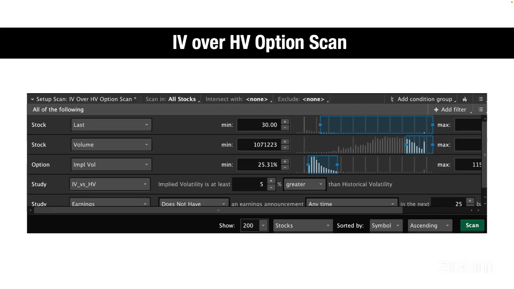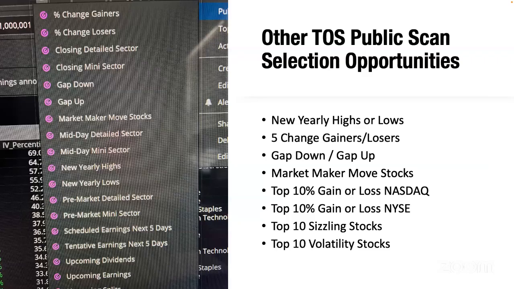I'm going to go out and look at both of those live, and sometimes they'll overlap with the stocks that are coming up in the scans, and so sometimes I can just jump in and do the high IV and get those as well. Now there are other ways. There are other scans that are pre-chosen, standard setups on Thinkorswim.